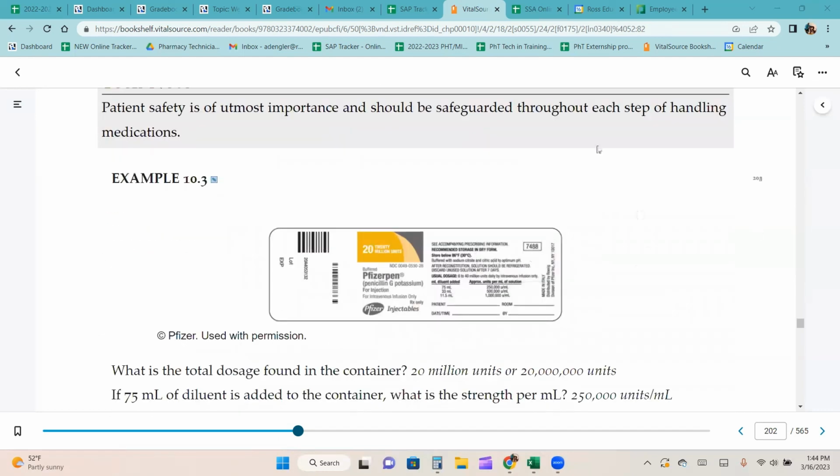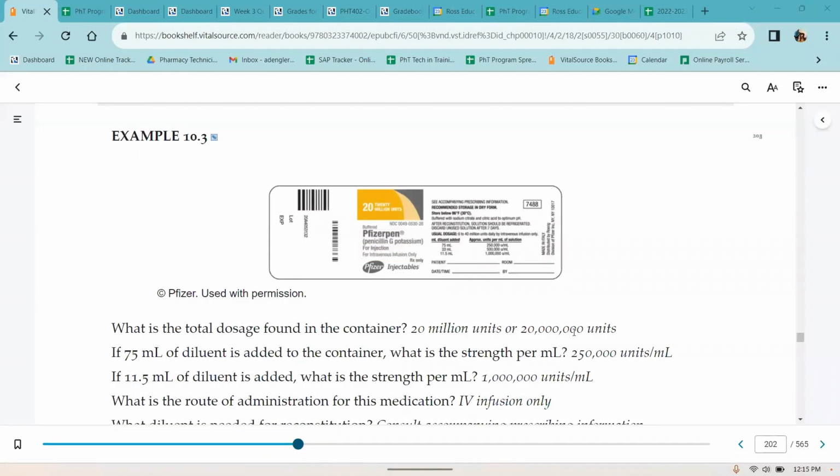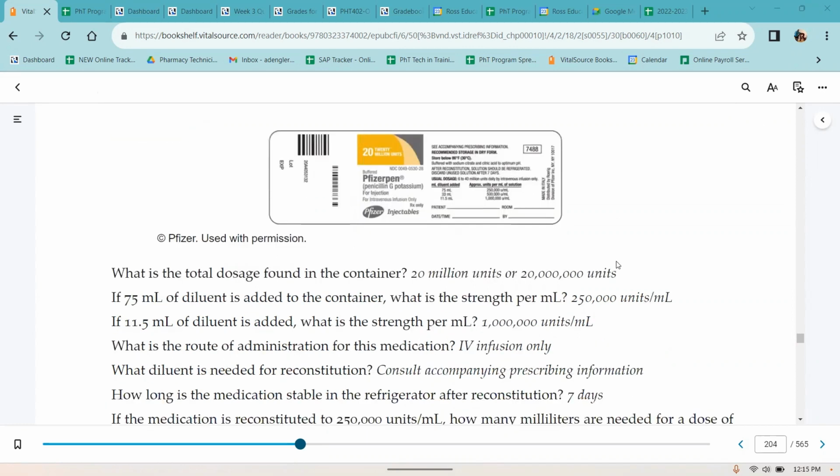All right, let's do example 10.3. Example 10.3, we have a reconstitutable injectable medication. It's an antibiotic. And it asks what's the total dosage found in this container? Well, up here we can see that that is 20 million units. If 75 ml of diluent is added to the container, what is the strength per ml?